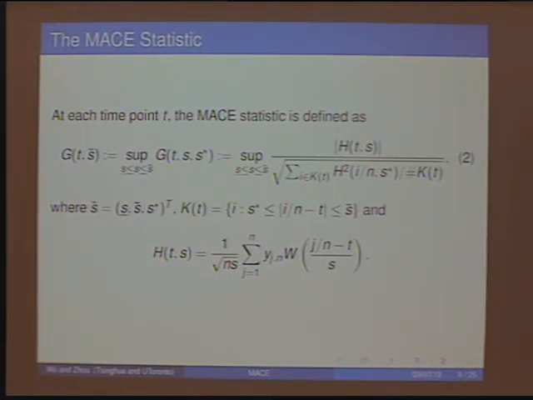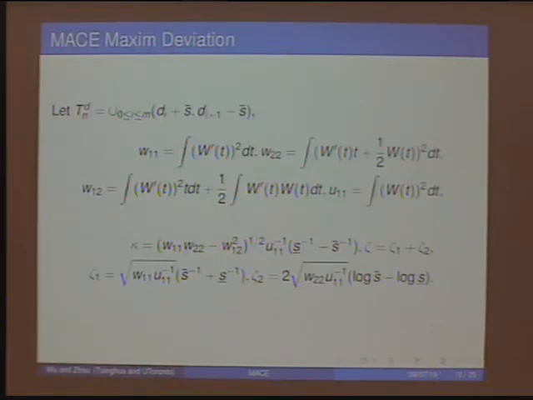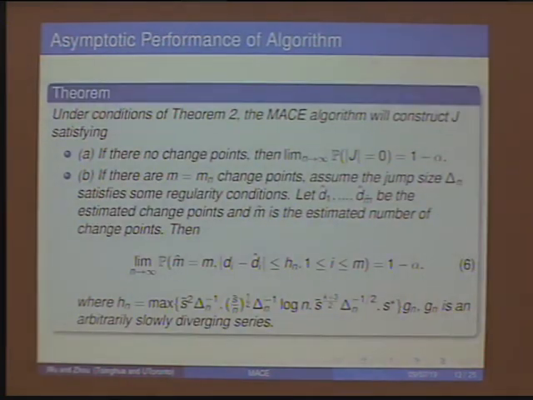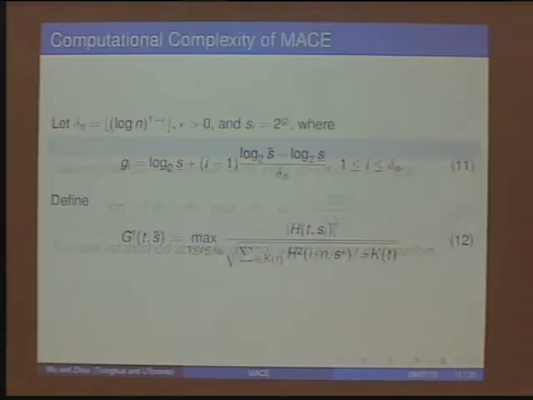Actually, there are infinitely many scales. So the remedy we have in terms of computation is to take a small number of scales. We'll only take log n to the power 1 plus epsilon scales from the lower bound of scales to the upper bound of scales.